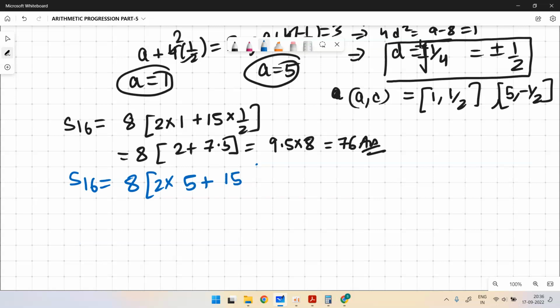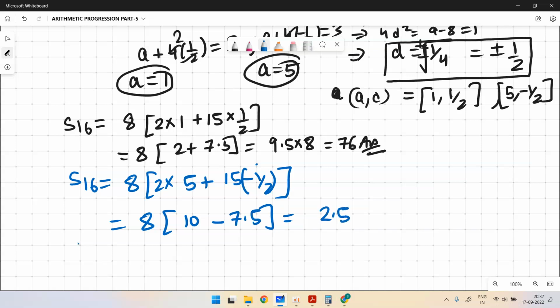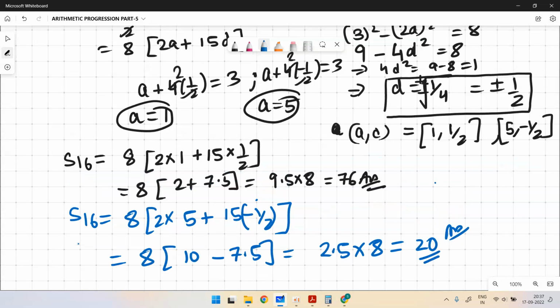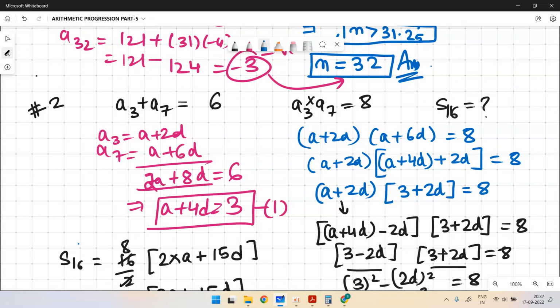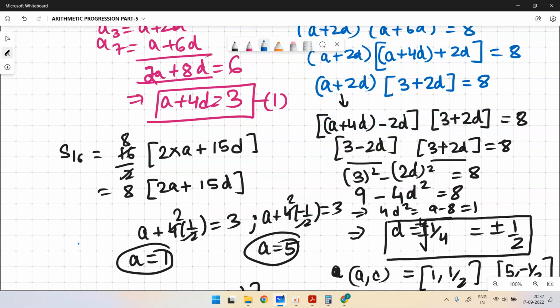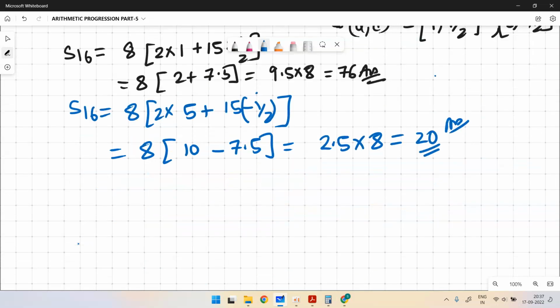Substituting, it is 8 into 10 minus 7.5, which is 2.5 into 8, which is 20. 20 is also an answer.